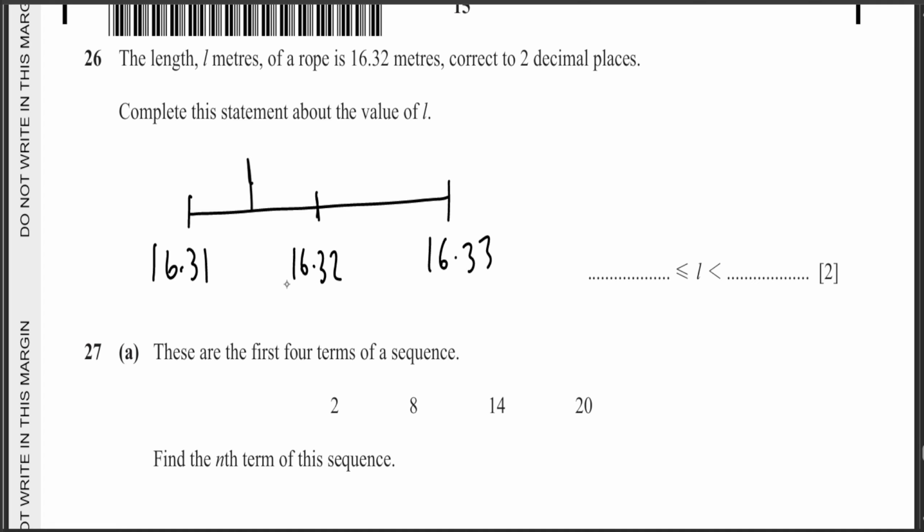In between 16.31 and 16.32 is 16.315, and in between 16.32 and 16.33 is 16.325. So the lowest number is 16.315, and the highest number, or the maximum, is going to be 16.325. So those are your two answers.